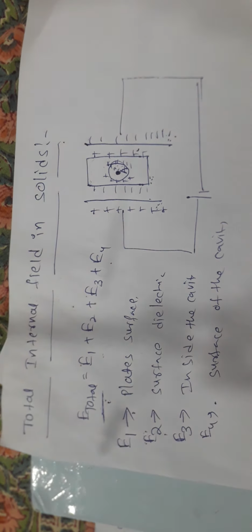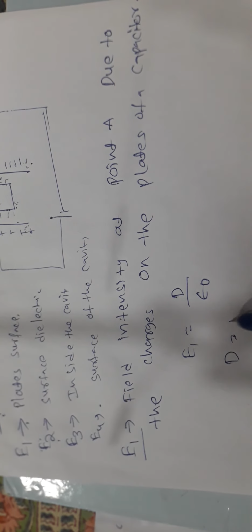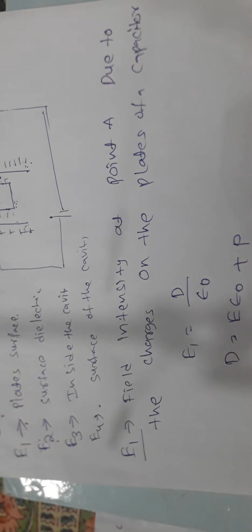D is the electric flux density, which is directly proportional to E1. So when we remove it, we get the proportionality constant, without dielectric material, in free space. Now when a dielectric material is placed, we know the relation already: D is equal to E into epsilon naught plus P. Already we heard that relation.